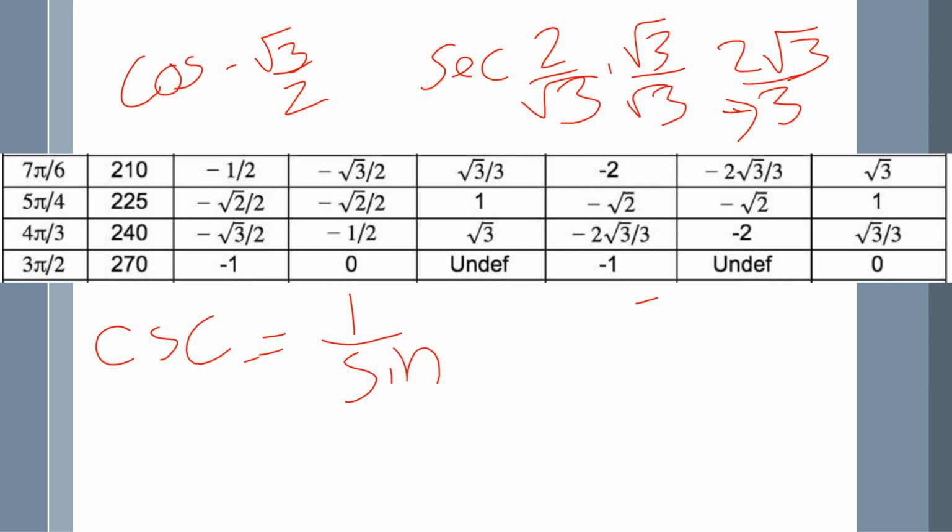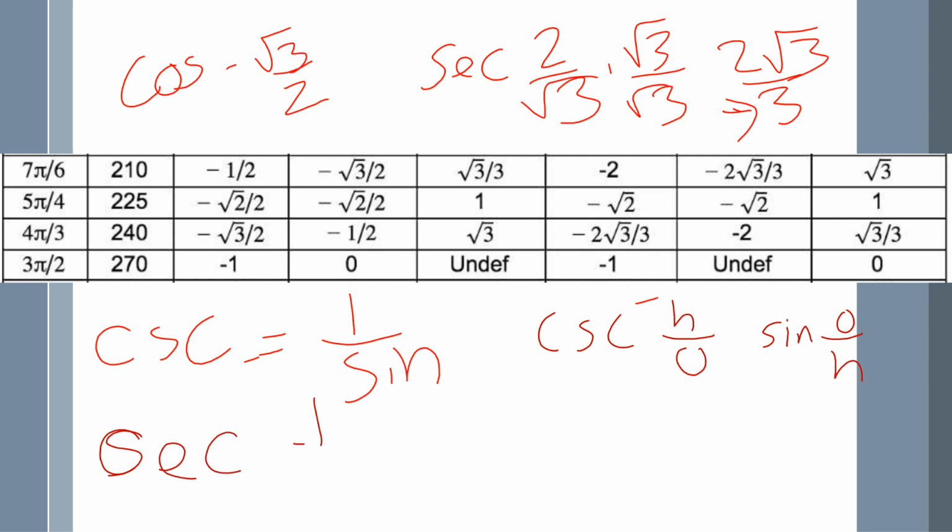Just know that for cosecant, you flip over from hypotenuse over opposite, because the sine is going to be opposite over the hypotenuse. So cosecant and secant are what you're going to worry about. Cotangent was easy.